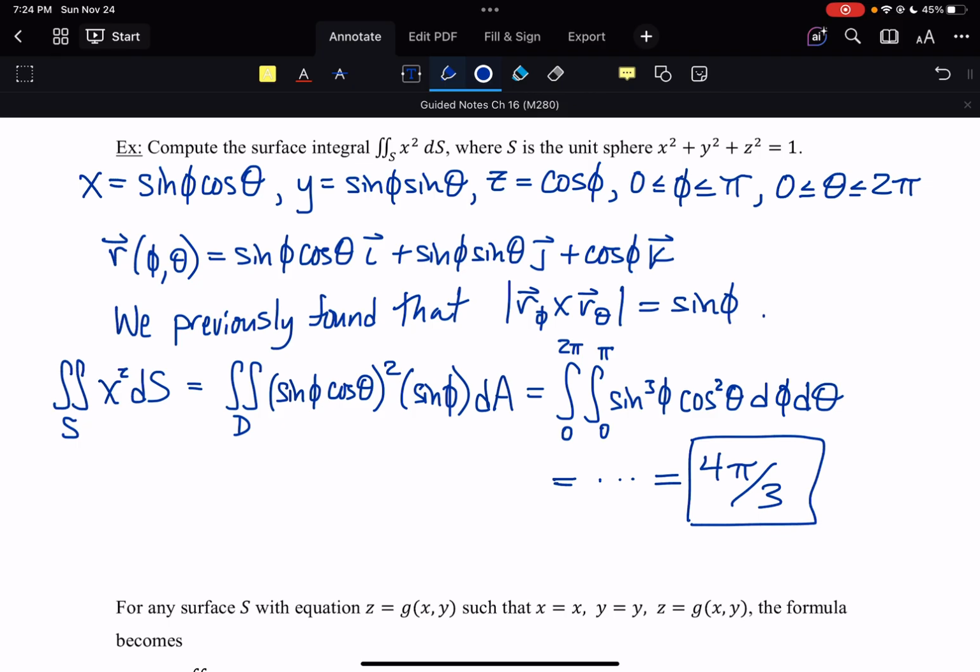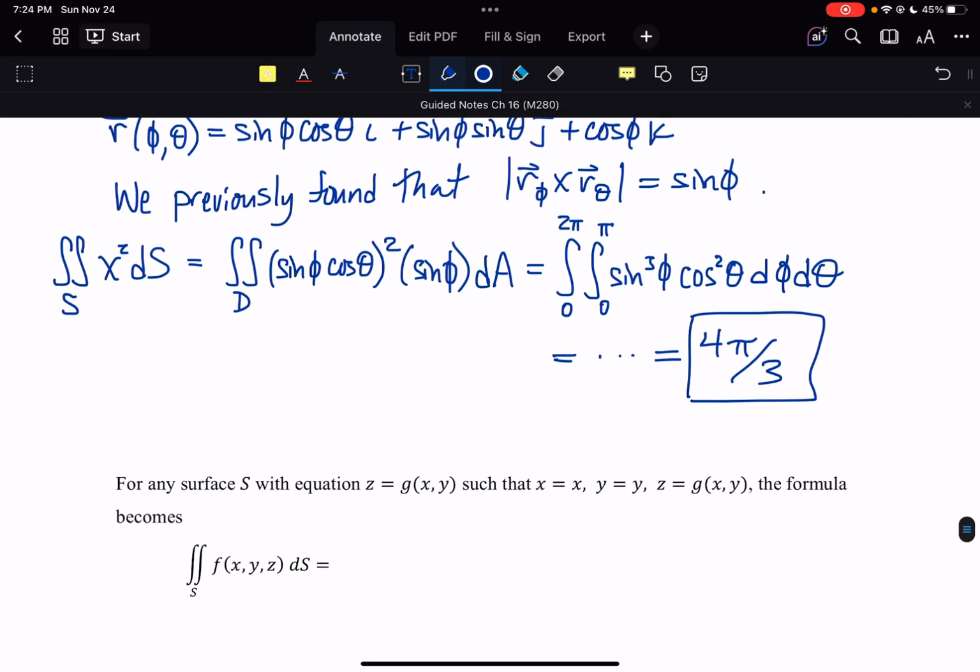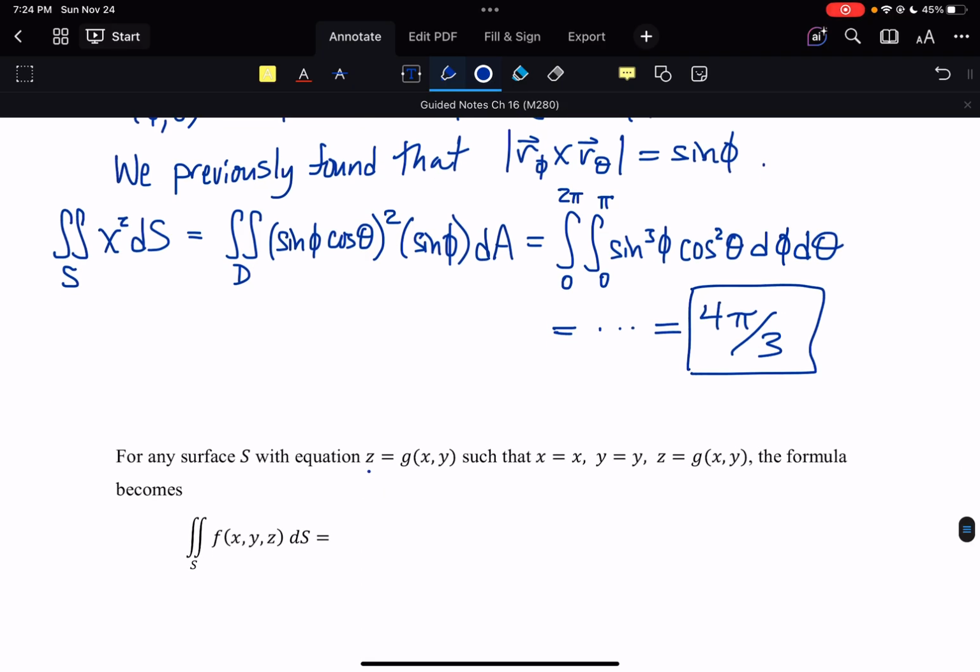Now, we've seen in previous sections that when a surface can be described with a functional relationship, so down here we have the equation z equals g of x, y, where x is x, y is y, and z is a function of both x and y, the formula can adjust itself to help save us some time.